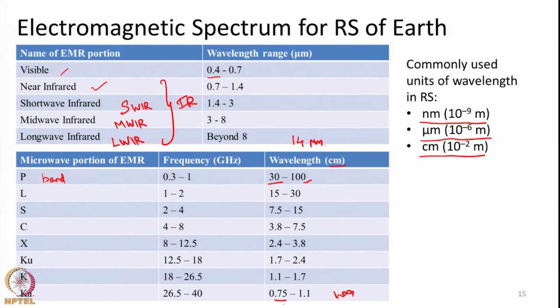For our own understanding, for our own benefit, we have divided the electromagnetic radiation, the electromagnetic spectrum, into different portions and are using it. And also the objects on the earth's surface will behave differently to different parts of energy. A particular object which behaves in a certain way in visible will behave differently in the NIR portion, and differently in the microwave portion.